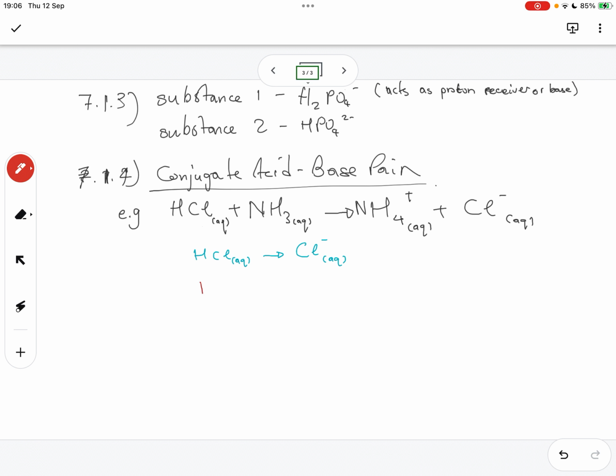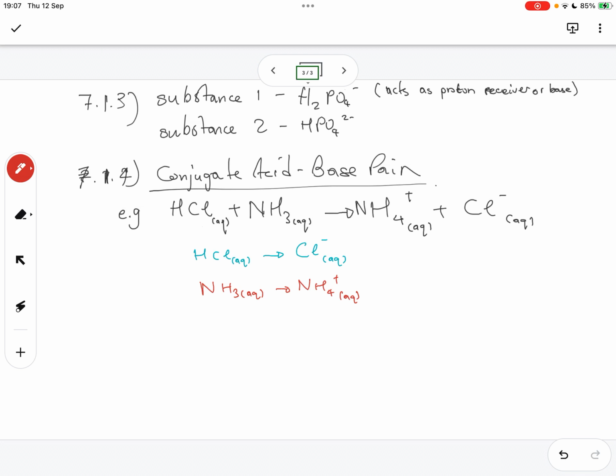And when we look at the base, ammonia, NH3, it gives NH4 plus, which is aqueous. So we see that HCl is the acid and NH3 is the base.